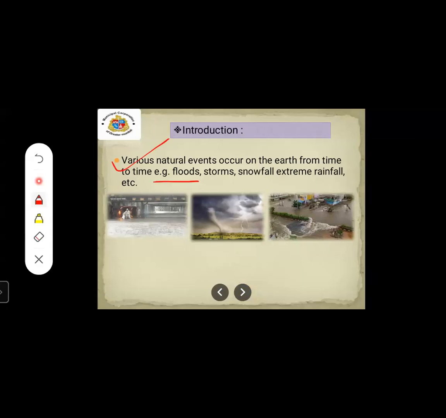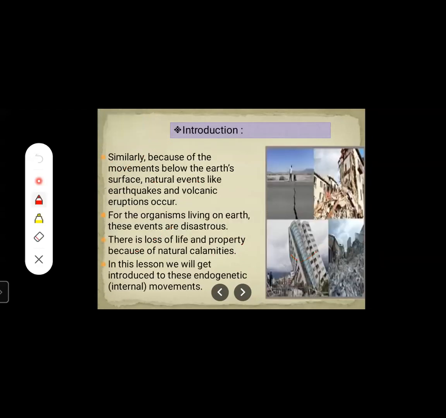Example, floods, storms, snowfall, extreme rainfall, etc. These are the examples, and these are the natural events which occur due to the internal changes in the Earth. So these changes can be seen as natural events. Then also there are other natural events also, like see this.